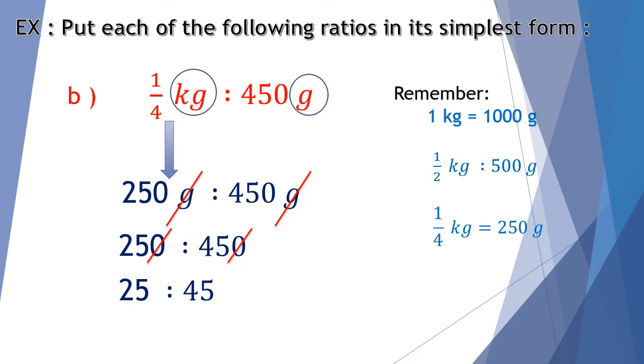And 450 divided by 10 equals 45. Now divide both sides by 5. The ratio will be 5 to 9.